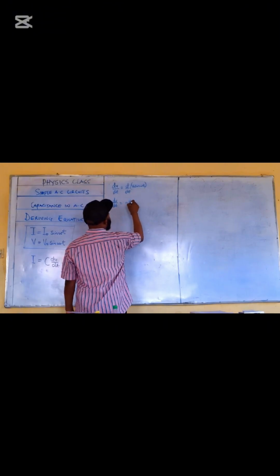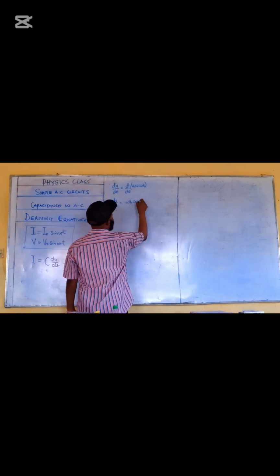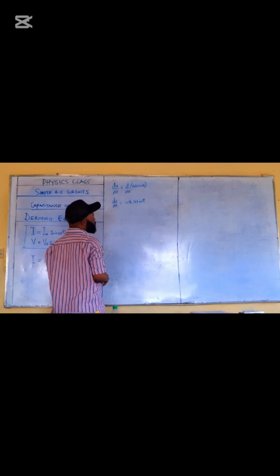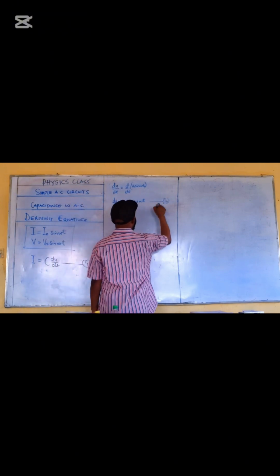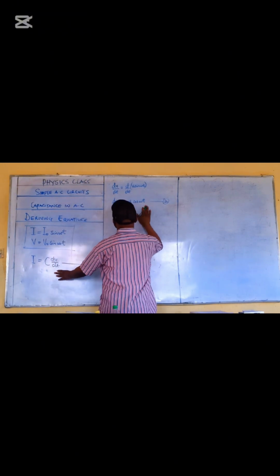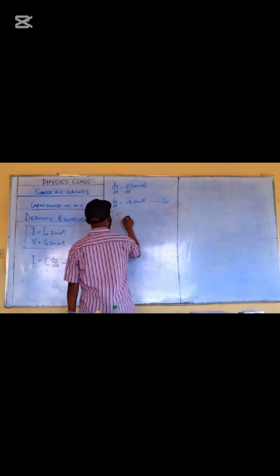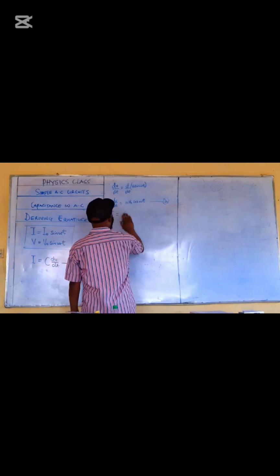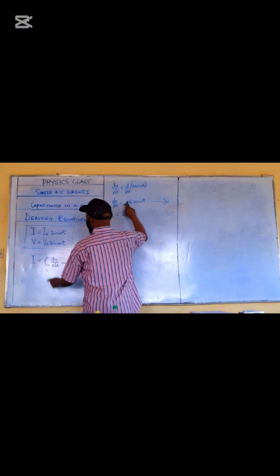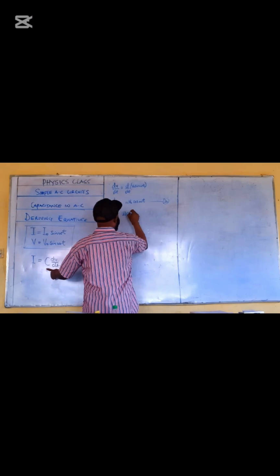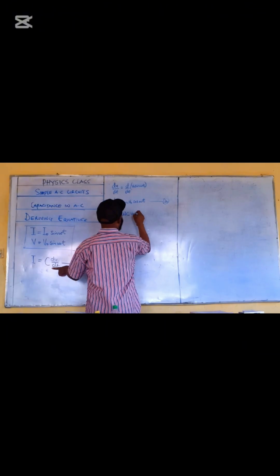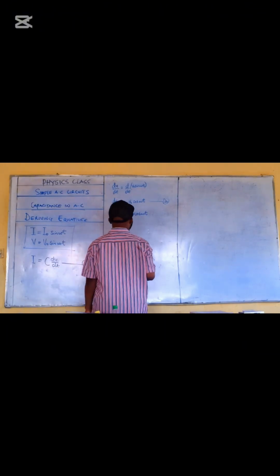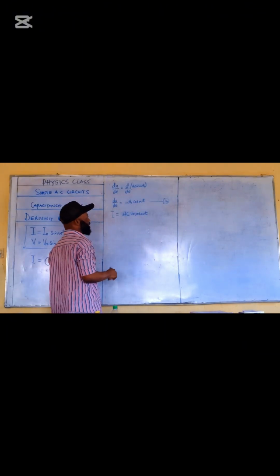We have dV over dt equals W V naught cos WT. Let's call this equation 2. Substitute equation 2 back into equation 1. We should have I is equal to C times W, which is from here, this W comes with the C, then V naught cos WT. This is what we have after substituting.